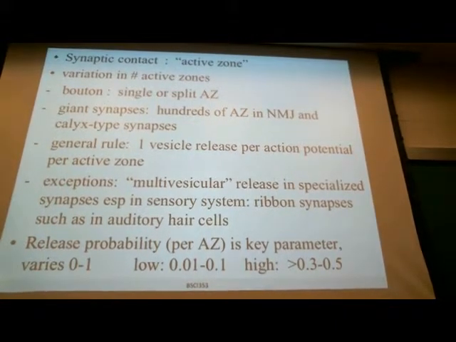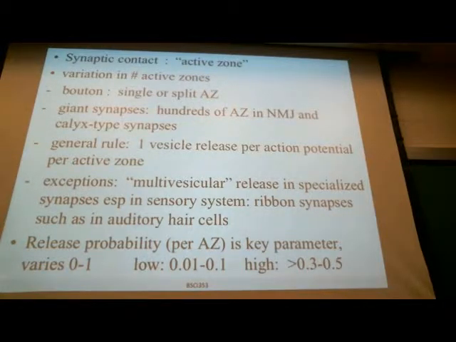So every 10 action potentials or every 100 action potentials, it'll actually release a vesicle, which is pretty low. And that's pretty typical of these bouton-like synapses. And the basic idea is that in a cortical neuron, you have thousands and thousands of synapses. Remember those first couple of lectures where we talked about a cortical neuron getting 10,000 synapses? Well, they're all these low probability synapses.